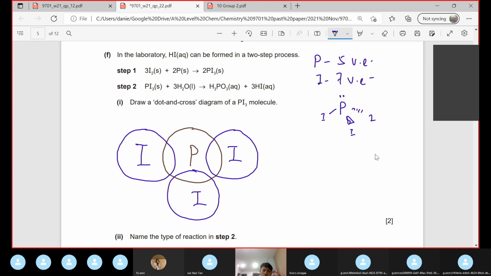So let's say I use cross for the iodine atom. Each iodine has 3 lone pairs, and 1 electron is shared with the phosphorus, so 1 here. Then don't forget your lone pairs surrounding the I. Then dot, let's say dot over here is for the phosphorus.